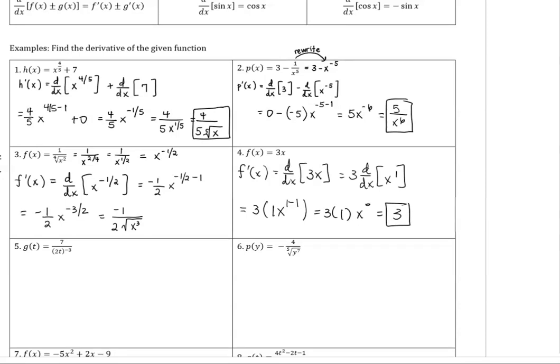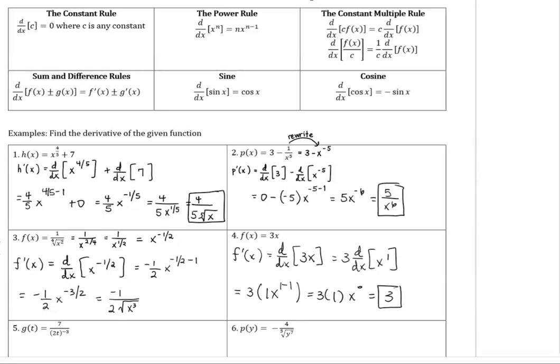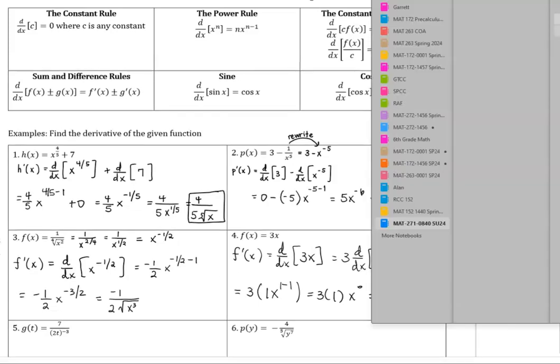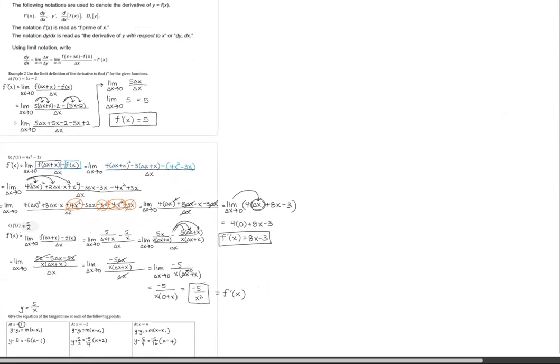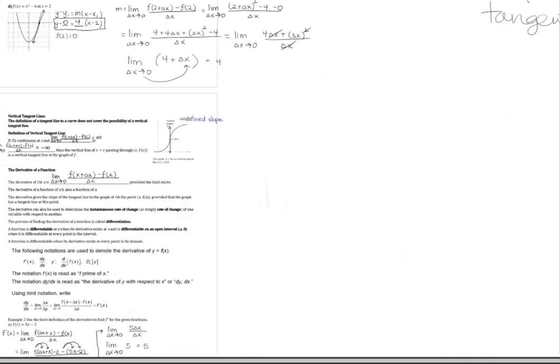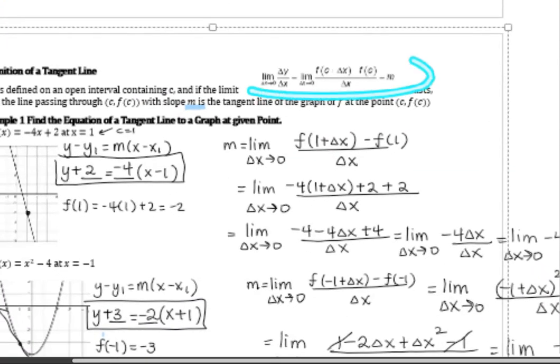I will mention briefly, as we get more comfortable taking derivatives, I typically will not be continuing to write this derivative operator, being that this is our first time taking derivatives without going through this long, drawn-out process from our previous lesson. Because remember, before, the only way we had to calculate the derivative was for us to calculate this limit.